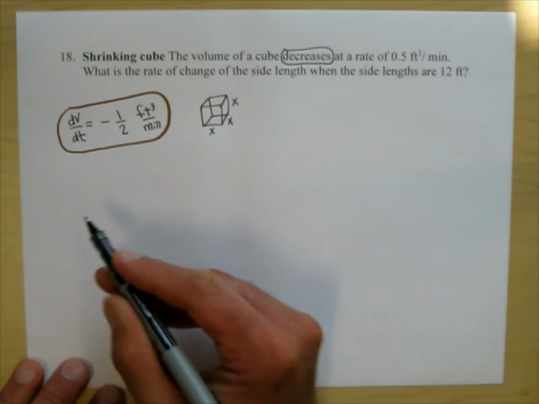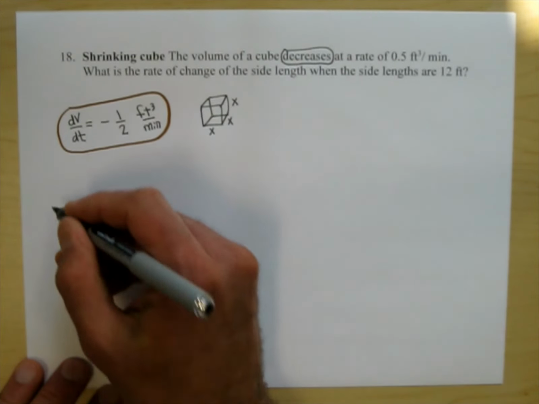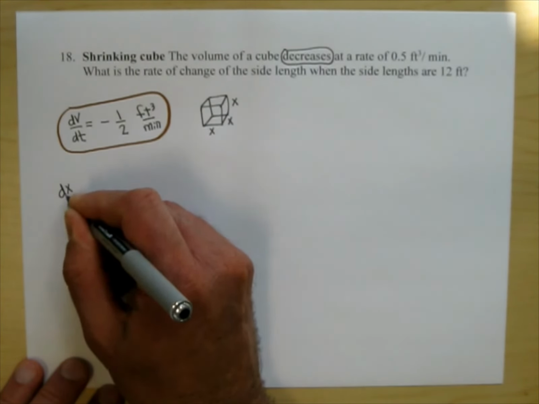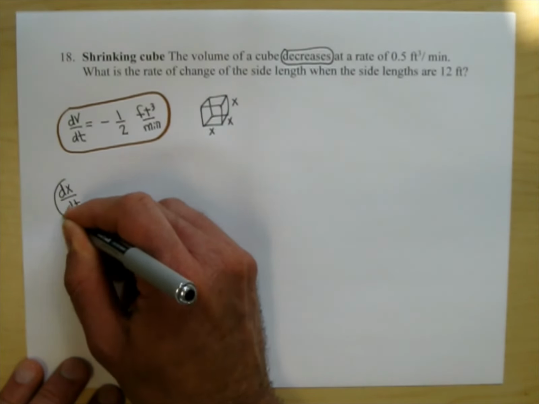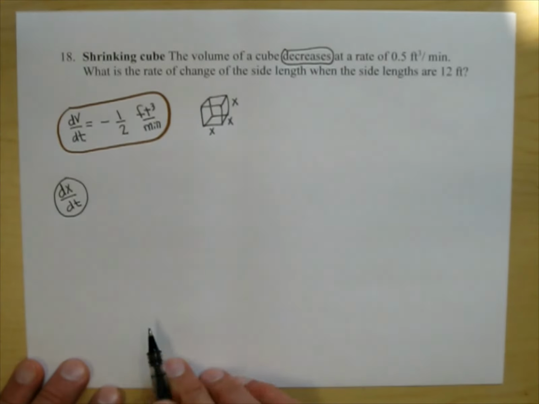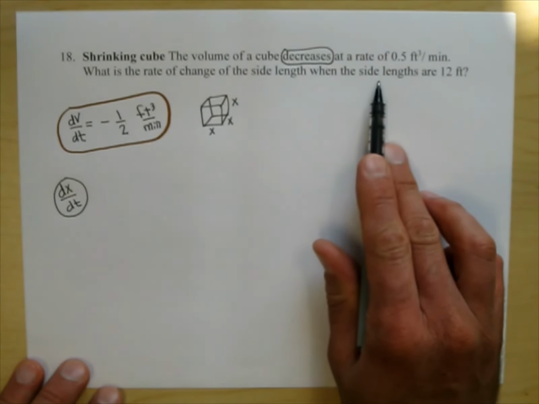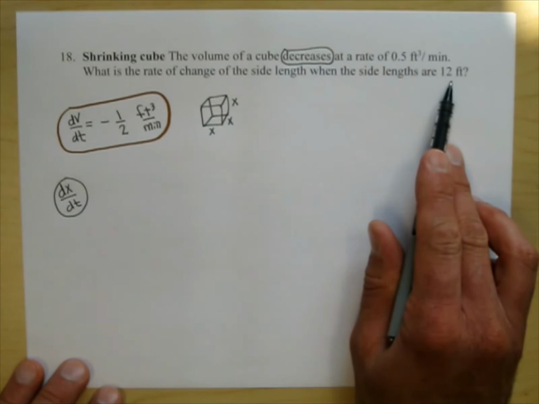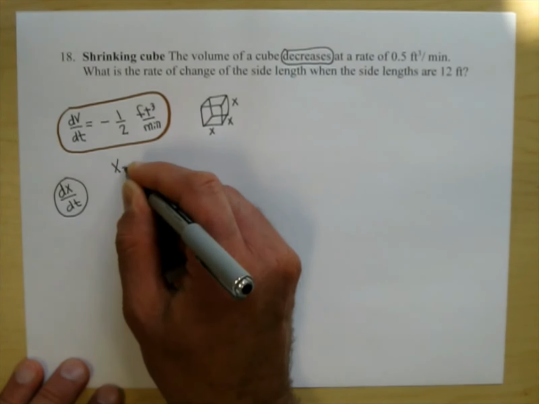So what is our goal? Our goal in this is the rate of change of the side length, which is dx/dt. Okay, so that's what we're looking for. And it says when the side lengths are 12, the side lengths are x, and they equal 12 feet.